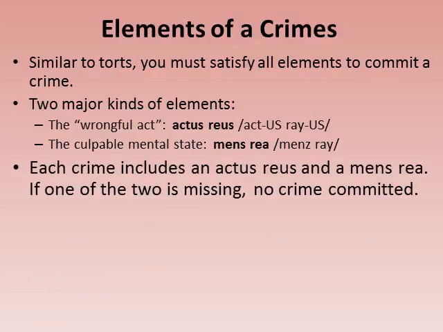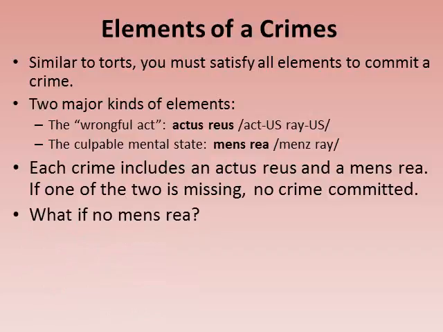The statute that defines a crime will give us some kind of clue about this, but each crime requires both an act and a mental state. If one of the 2 is missing, you did not commit a crime. You may have done something else, but you didn't commit a crime.